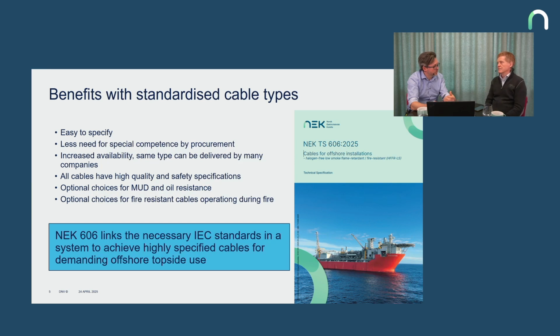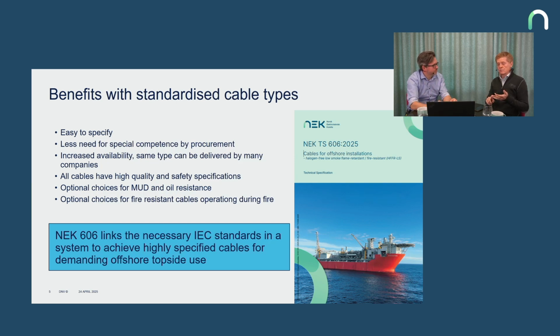So could you say that all 606 cables are also IEC cables, but not necessarily the other way around? Yes, they are. The NEK 606 types are based on the IEC, but in addition to IEC, IEC does not have the specification for hydrocarbon pool fire. They don't have the specification for jet fire.